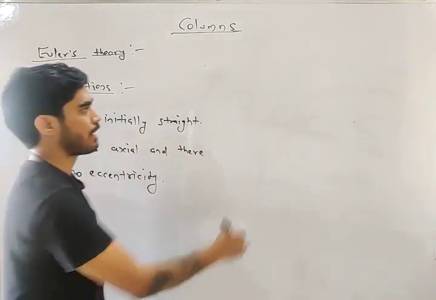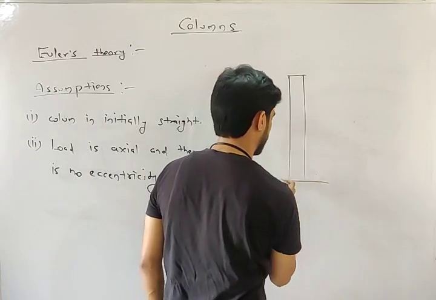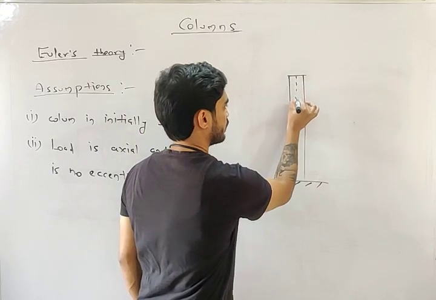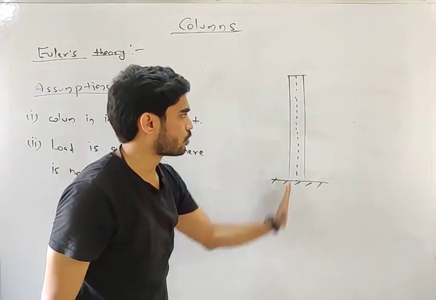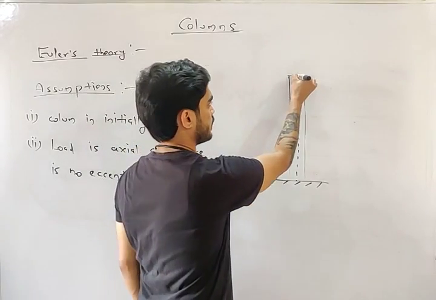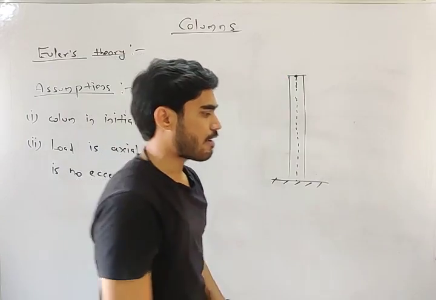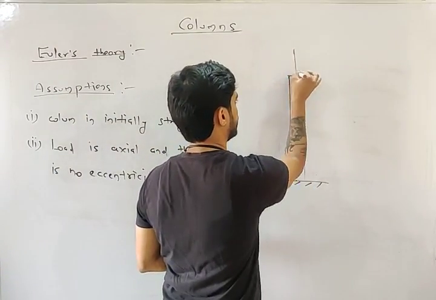Now what does it mean, my friend? Let's say this is the column. We are assuming that it is straight. Let's say this is the centroidal axis, passing through the centroid of the cross section, the center of the cross section. Now our assumption is that the load is acting at this point.